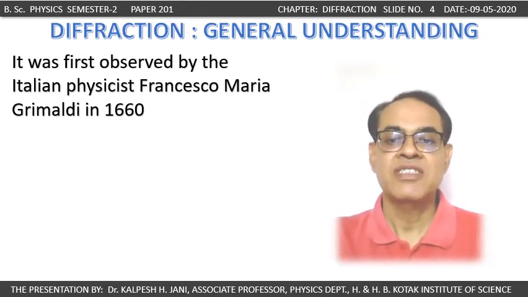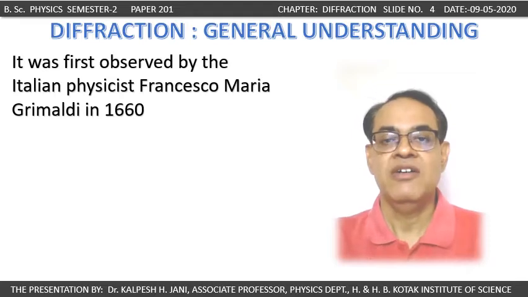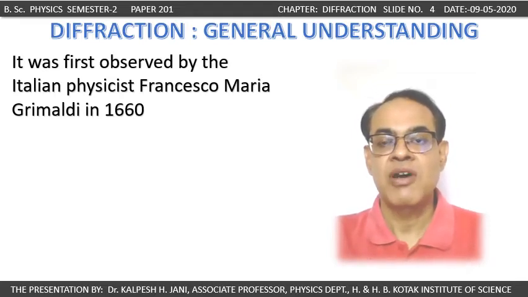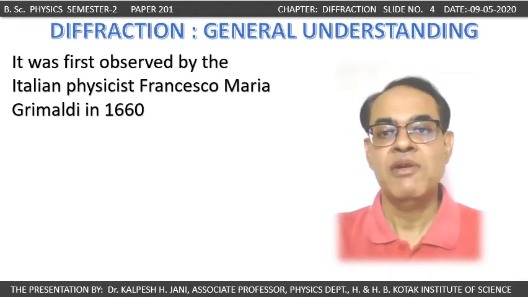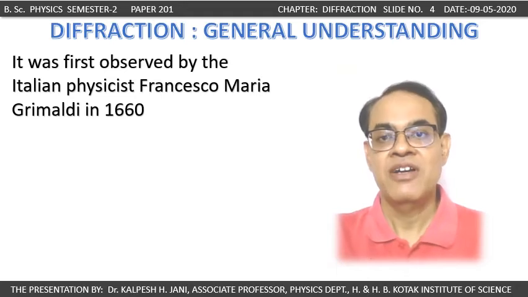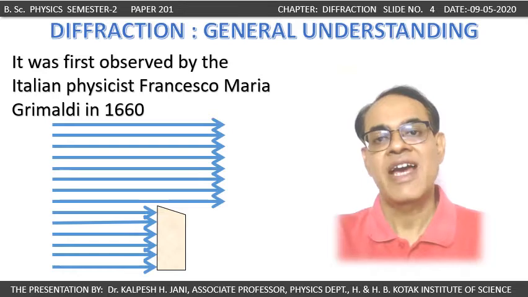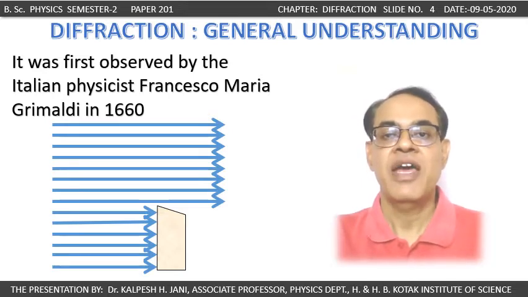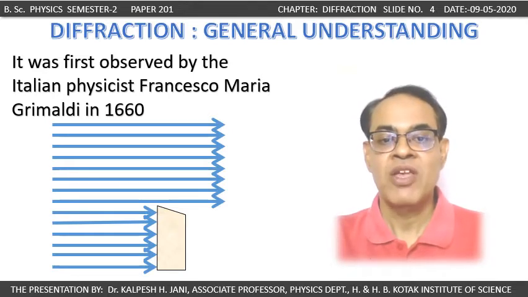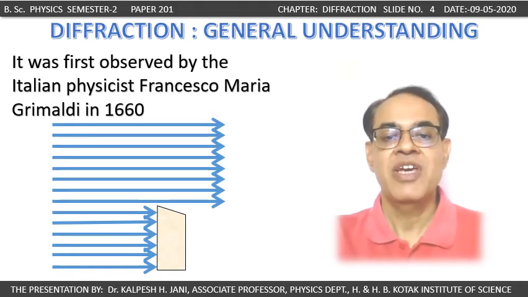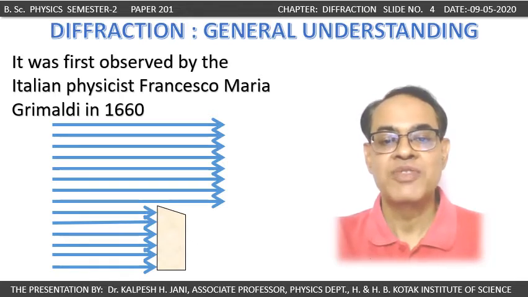So now let us understand what we have just talked about. We have talked about finding the deflection of the light rays from the edges of the obstacle. Suppose we have to show it diagrammatically: we have a bunch of light falling on the object.